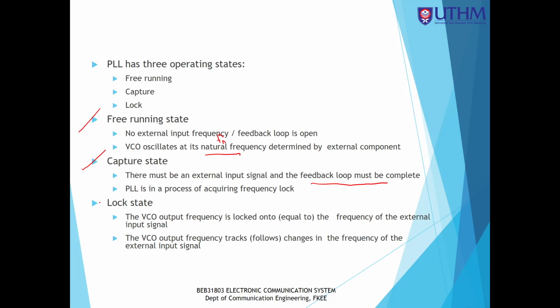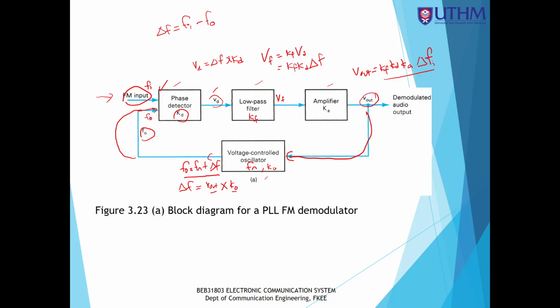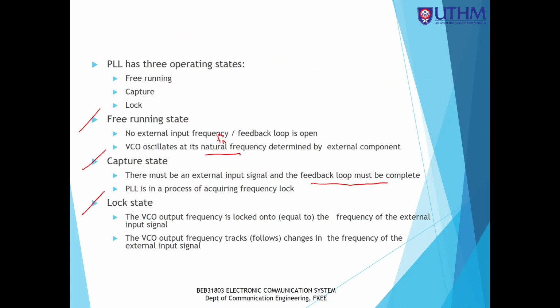And then what? Lock state. Lock state means that the system already found the desired frequency. That means the phase detector already found the resonant frequency that we want. Once it finds the desired frequency, it will lock to that frequency. For example, the phase detector locks at 455 kilohertz, which is the second IF.